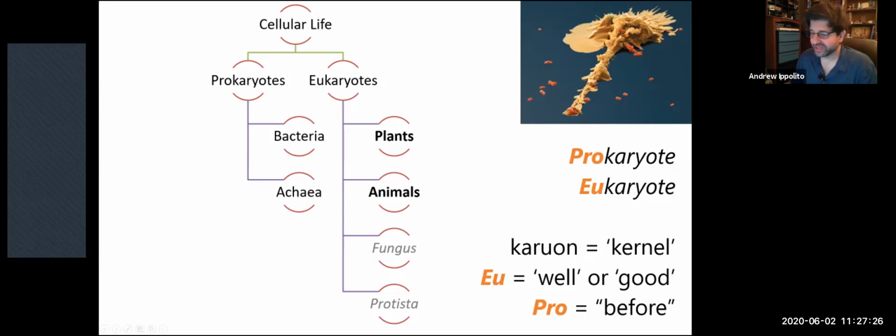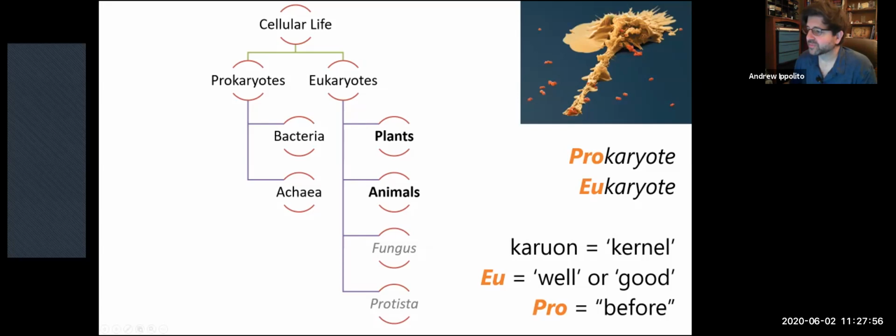All right, the EU in front of a word, depending on who you're talking to, means either well or good. Sometimes people think it means true. But eukaryote probably comes from the fact that the nucleus is well defined. And so because it's well defined, you can see it. It's the true version of it. So a eukaryotic cell is a cell with a well-defined nucleus.